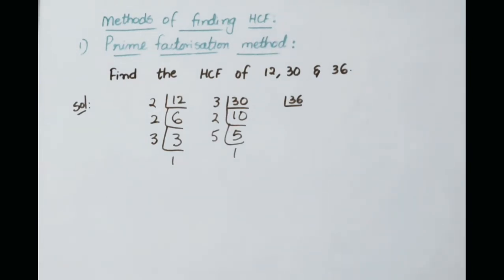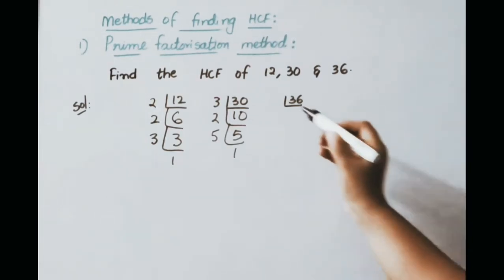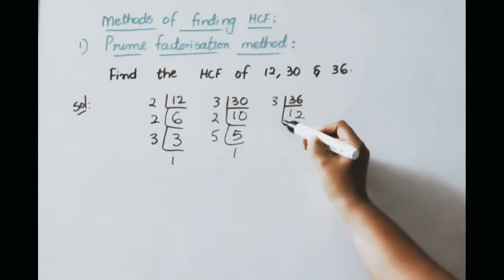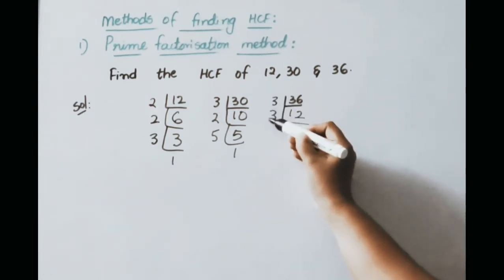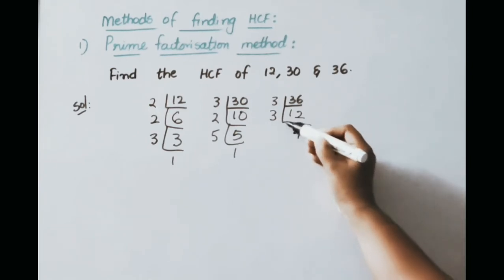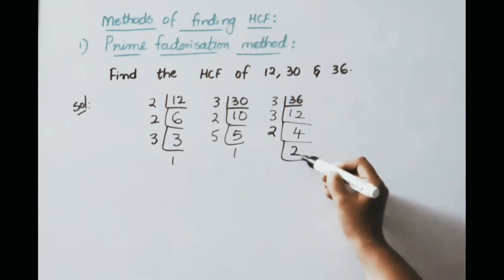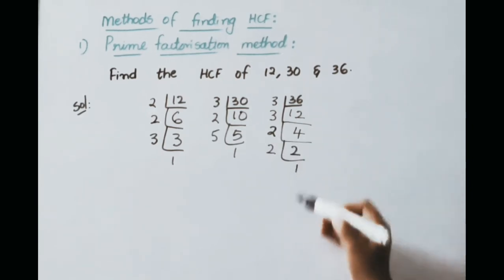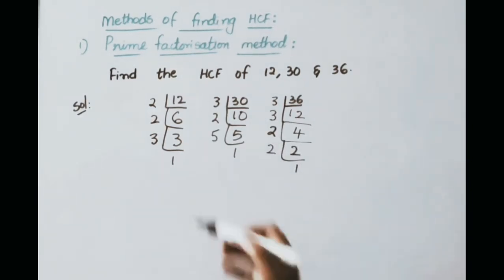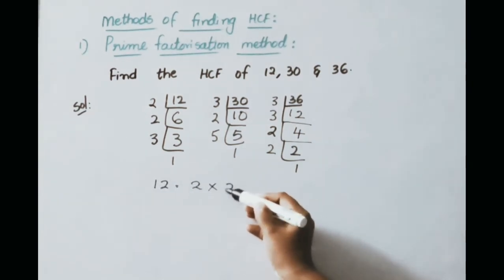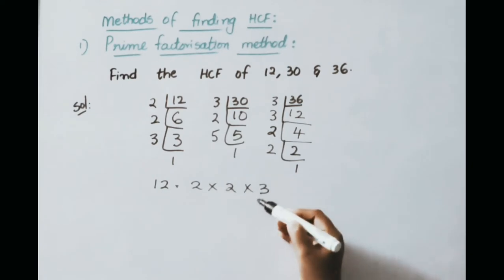Now next number 36. 3 table, 3 12s are 36. Again 3 table, 3 4s are 12. Now 2 table, 2 2s are 4. Again 2 table, 2 1s are 2. Now let us write the factors here. 12 equals 2 into 2 into 3.